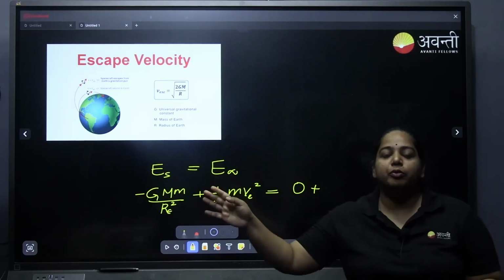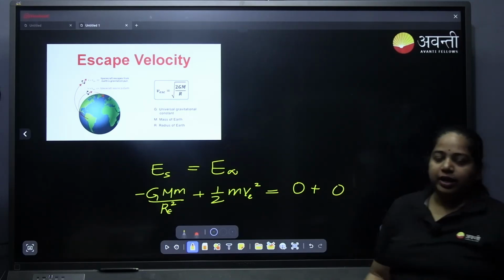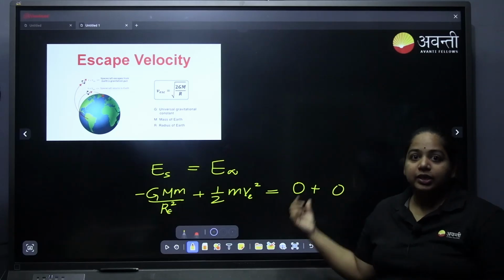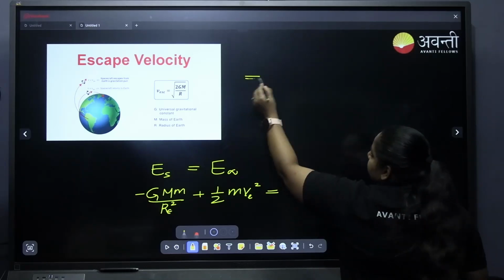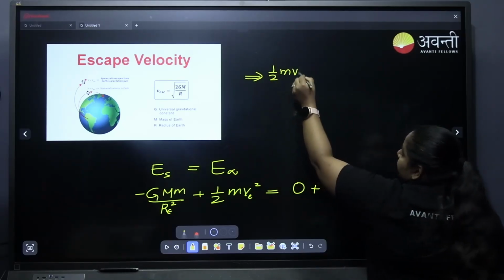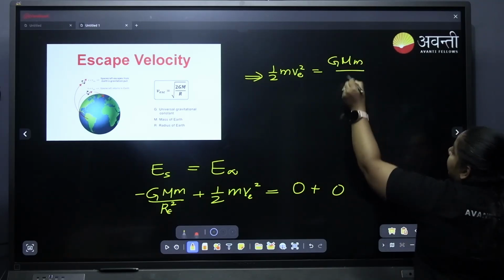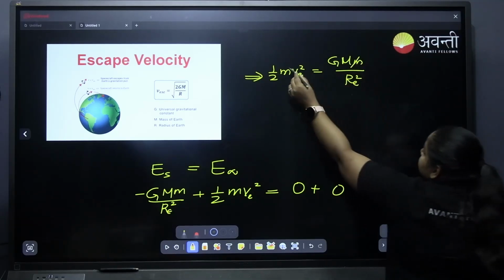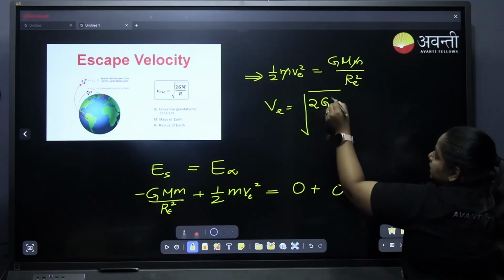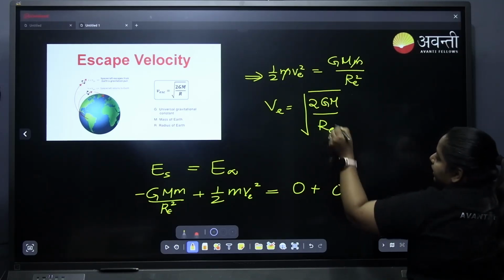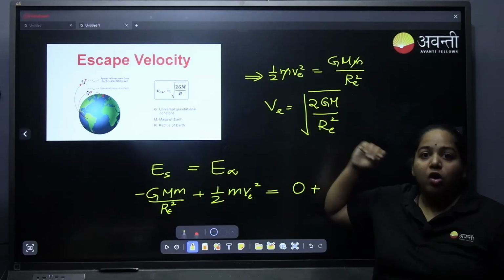After that it doesn't have to move, so velocity at infinity is also 0. So total energy is 0 at the initial and final points. That means half m ve square should be equal to GMm by Re square. If you cancel m, we will get escape velocity equal to root of 2GM by Re square. This is the equation for escape velocity of earth.